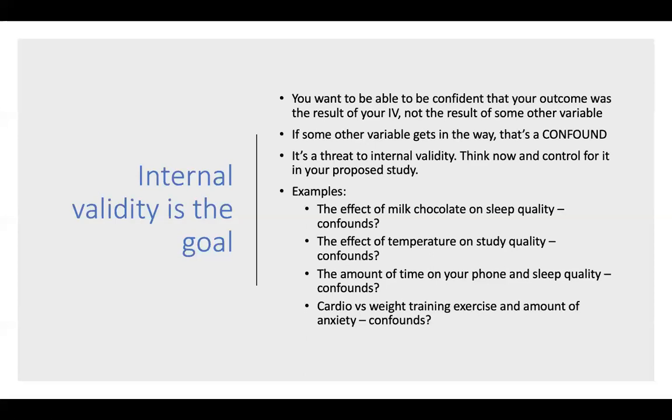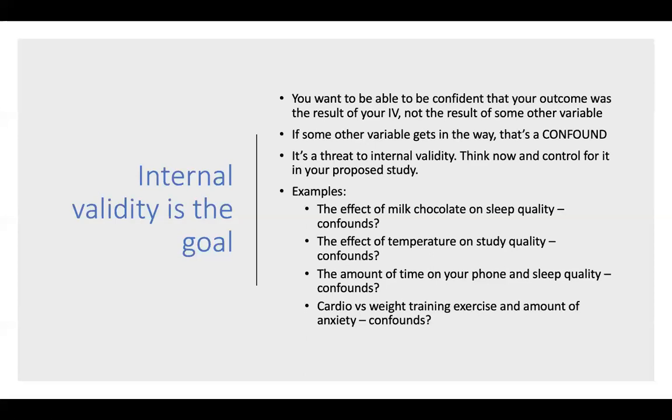You can use matched groups. You can match your people in your groups on this variable. You can say, how many Cokes do you drink when people sign up for your study? And then everyone who drinks 2 per day gets put into 2 different groups. And so they're matched. One person in the cardio group drinks 2 Cokes a day. One person in the weight training group drinks 2 Cokes a day.